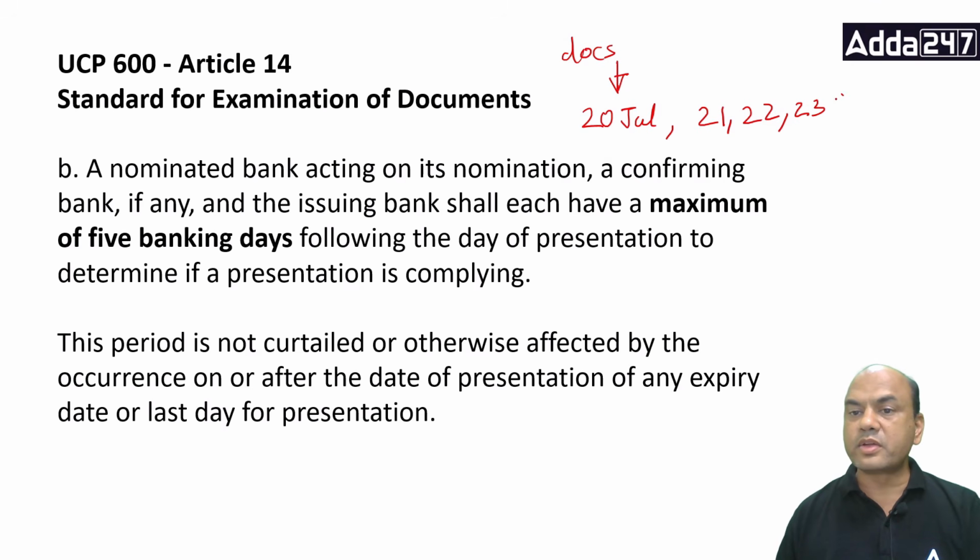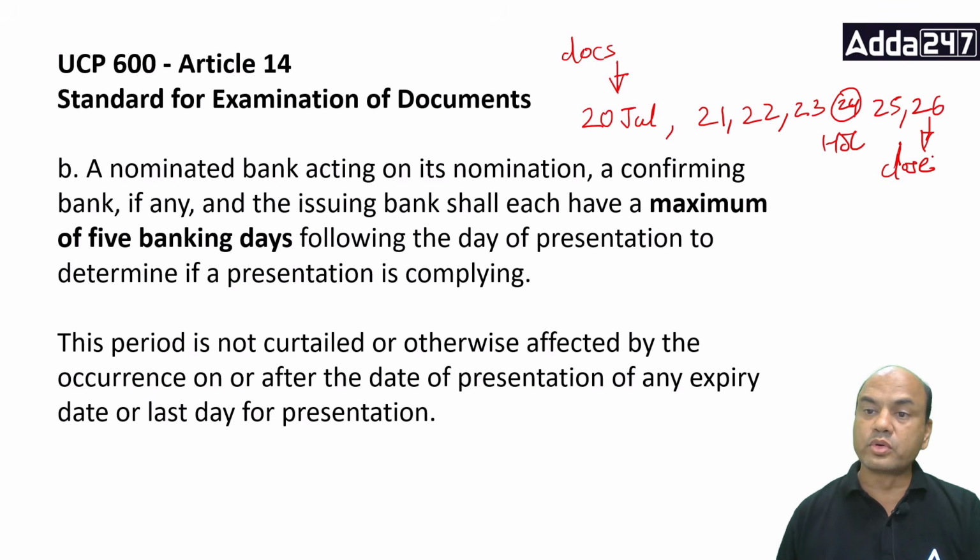Suppose 24 is a holiday, so leave that, then 24 holiday, 25 and 26. So my end date will be 26, evening, close of business day. Close of 26, kindly note. So 1, 2, 3, 4 and 5. Whichever is a holiday, leave it.